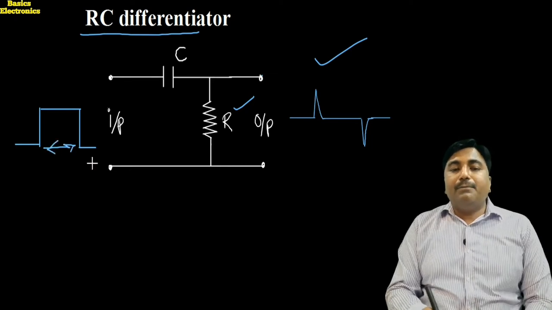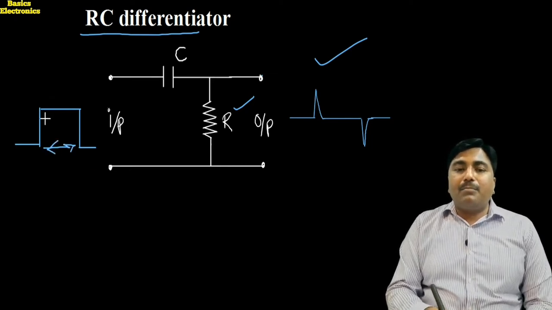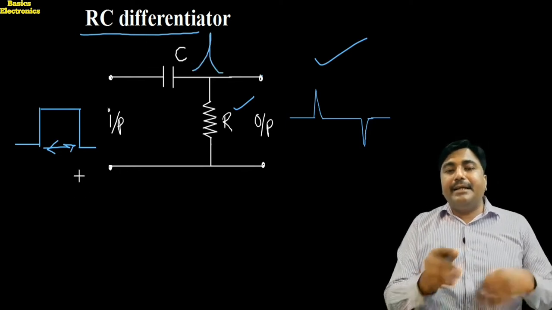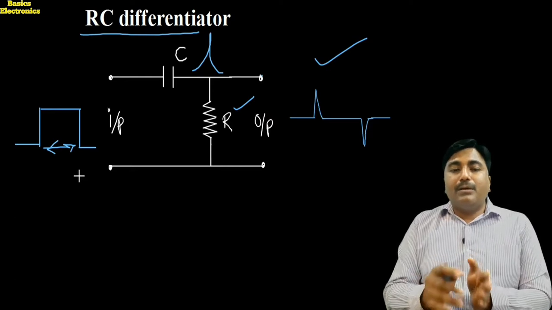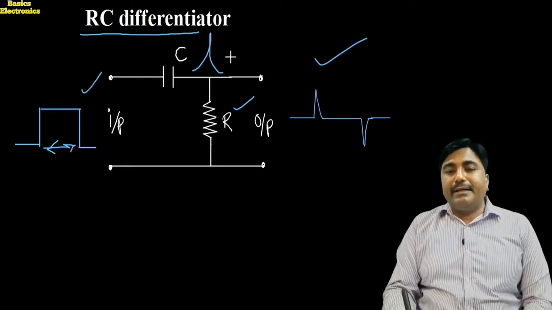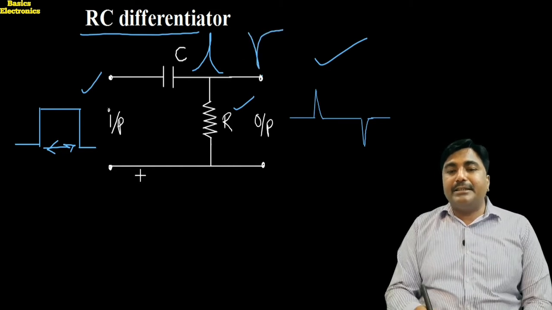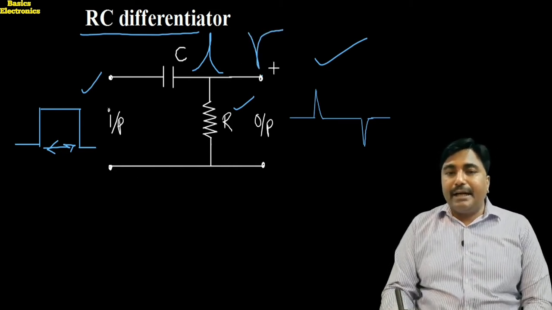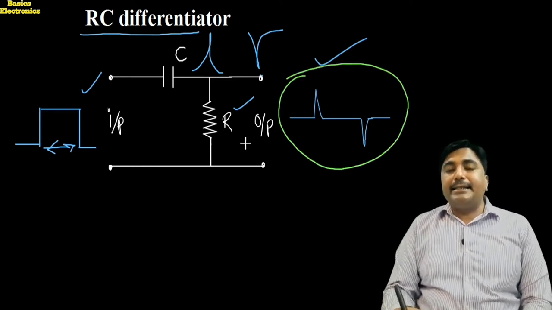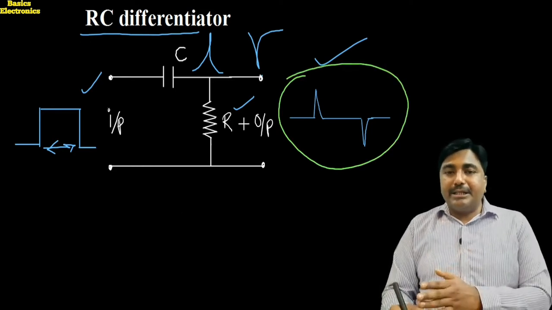So as soon as the clock pulse starts, the capacitor gets charged, and as soon as the negative edge of the clock pulse comes, the capacitor discharges. This is the type of waveform we get after the RC differentiator circuit.